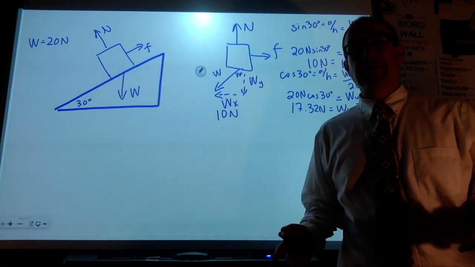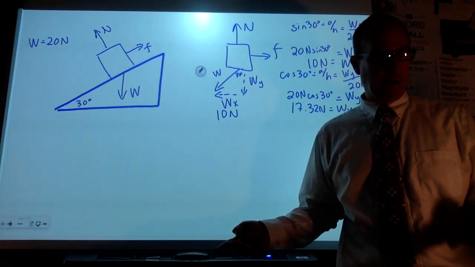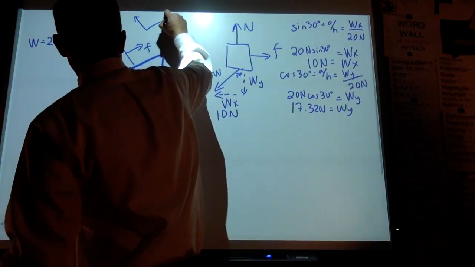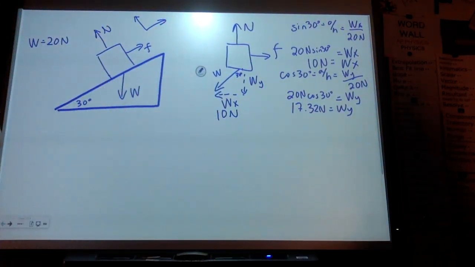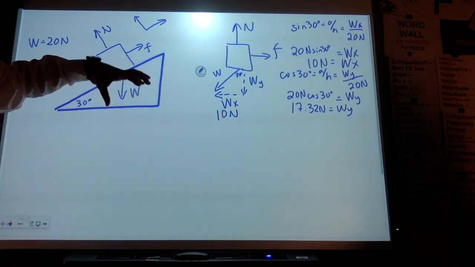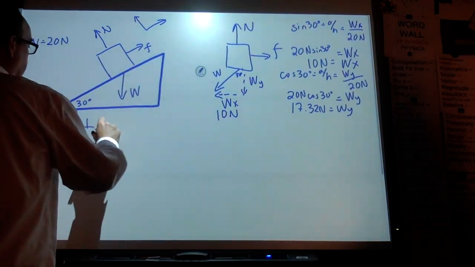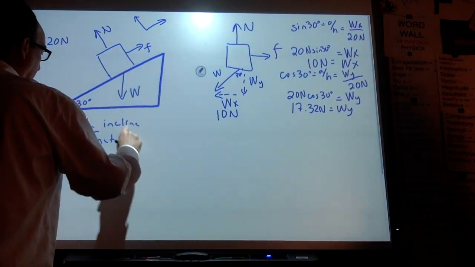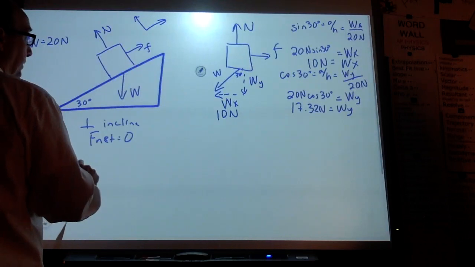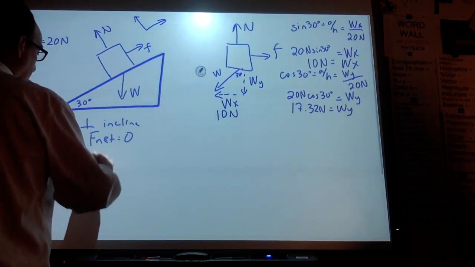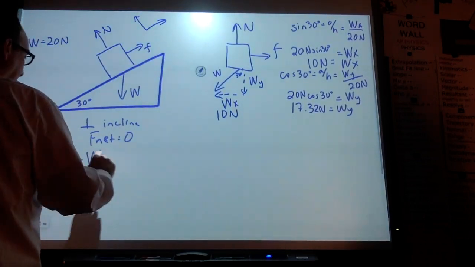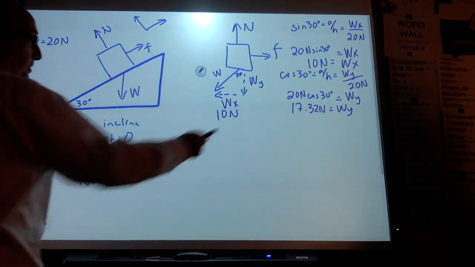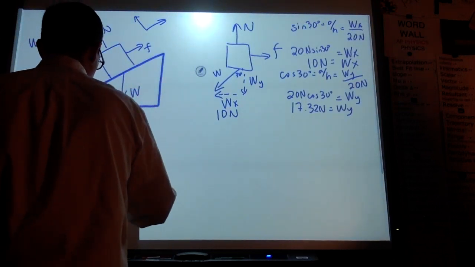Now I'm just going to do the equilibrium for our two directions. And what we do is, with our axis, we make this what our axis looks like. So when we rotate it, it straightens out. I'm going to say that perpendicular to the incline, our forces are balanced. It's not moving. So I have normal minus Wy equals 0. Wy we said was 17.3.